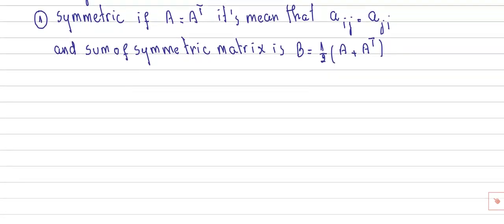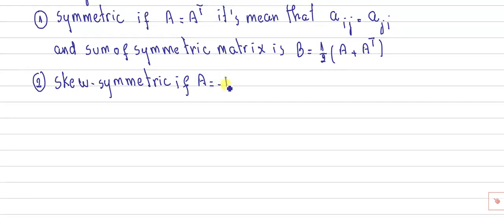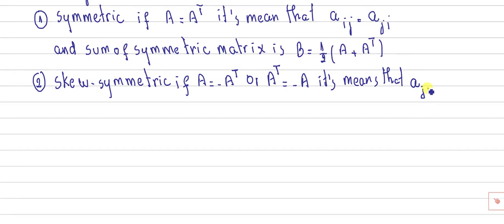And the second is skew symmetric. Skew symmetric if I write A equal to minus A transpose, or A transpose equal to minus A. So it means that A_ji equal to minus A_ij, or A_ij equal to minus A_ji.